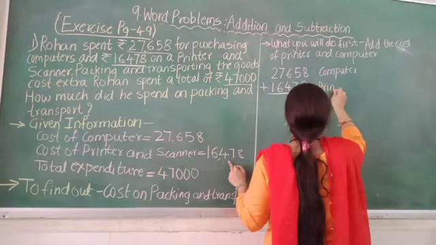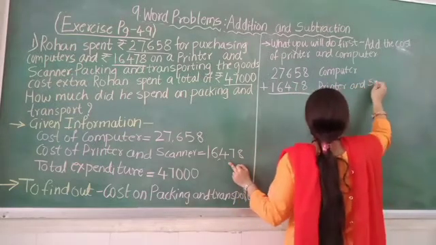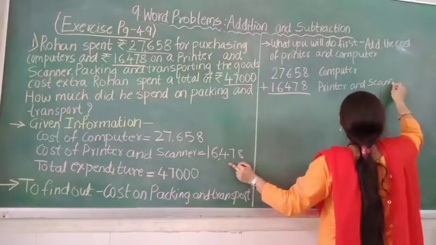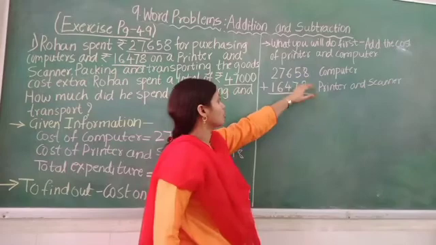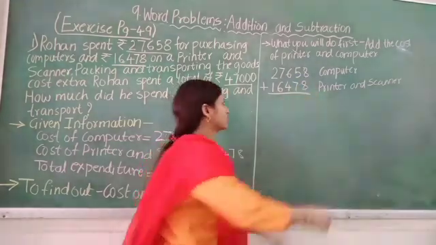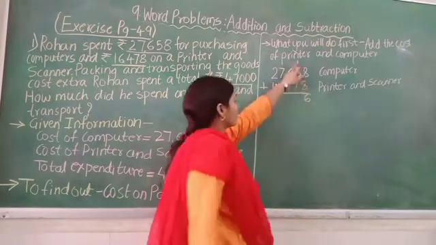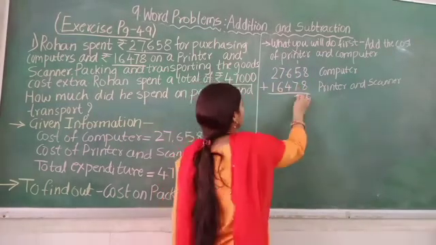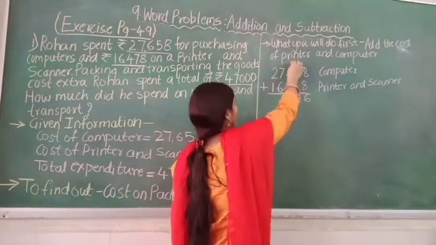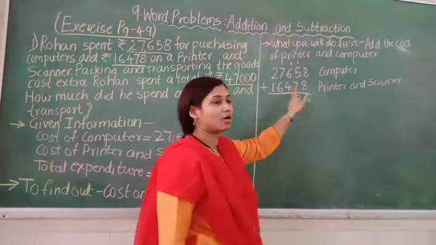This is the cost of printer and scanner. Now we have to add both the cost. 8 plus 8 is 16. 1 will carry over. 1 plus 5 is 6 and 6 plus 7 is how much? 13. 1 will be carried over. 1 plus 6 is 7. 7 plus 4 is how much?